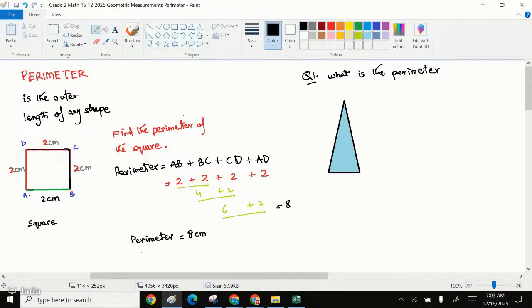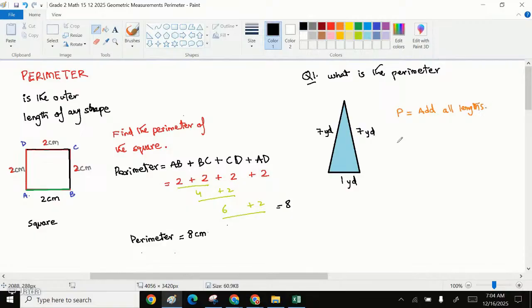The lengths are given. This is 7 yards. Okay, this is 7 yards. And this is 1 yard. So if we need to find the perimeter, we add all the lengths. The most important thing is perimeter is equal to add all lengths. Okay.